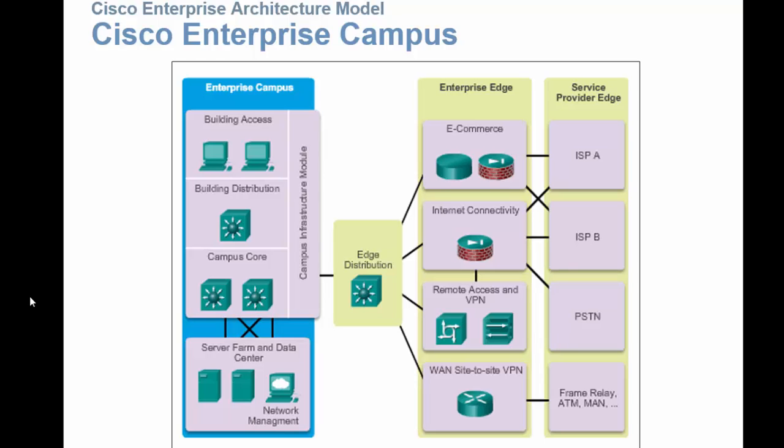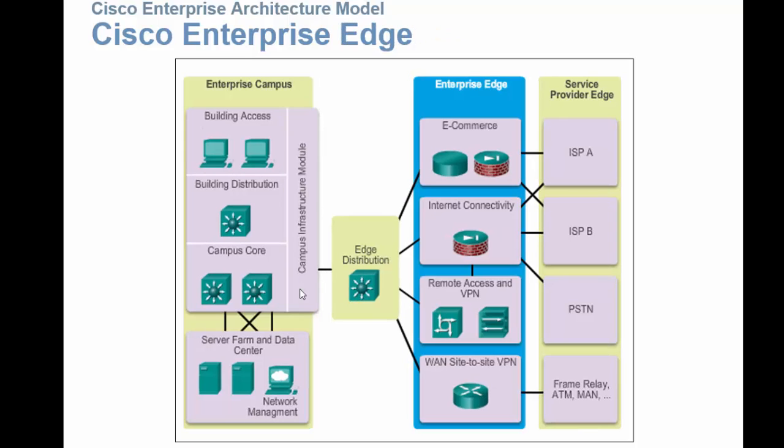So here we have, again, the Cisco Enterprise Campus. And within that campus, you have your edge distribution. We're seeing here our enterprise edge and our service providers that are connected to this enterprise campus. Next, you have your enterprise edge.